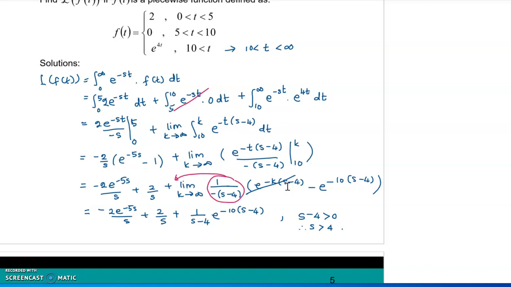So in order to make sure the solution converges, s minus 4 needs to be positive, because later on we multiply with a negative k. All right, I hope that part is clear. But normally in the test or in the exam, we don't really be strict on the value of s here. So normally when the student answers up to this, you already have the full mark.